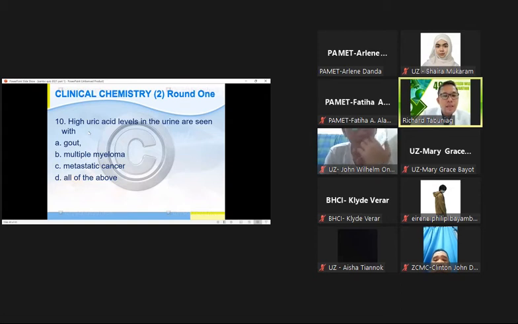Okay. High uric acid levels in the urine are seen with A, gout, B, multiple myeloma, C, metastatic cancer, or D, all of the above.